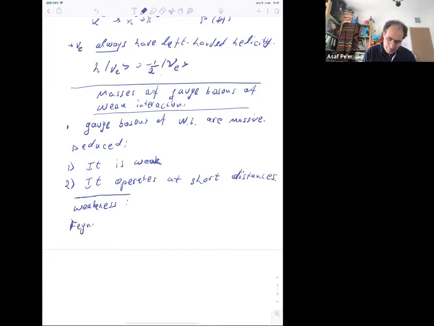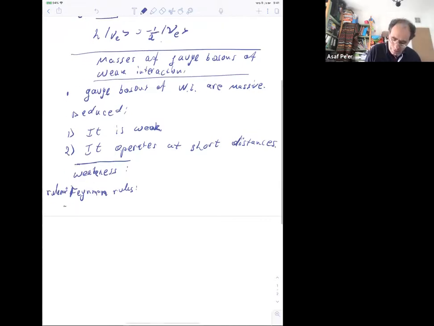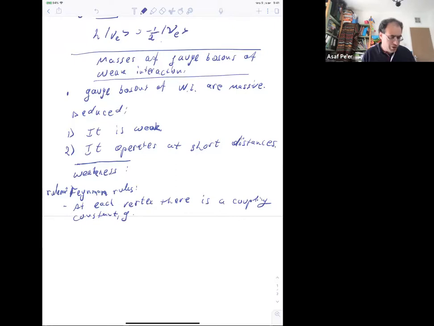The first is that at each vertex, there is a coupling constant G. And for each internal propagator, we have a term which goes as 1 over q squared minus m squared.